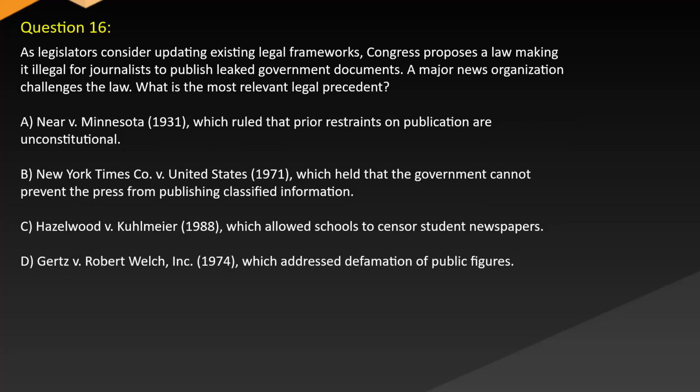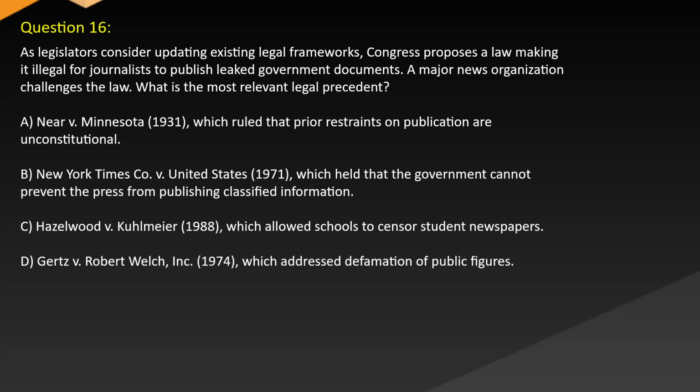Question 16. As legislators consider updating existing legal frameworks, Congress proposes a law making it illegal for journalists to publish leaked government documents. A major news organization challenges the law. What is the most relevant legal precedent? A. Near v. Minnesota, 1931, which ruled that prior restraints on publication are unconstitutional.